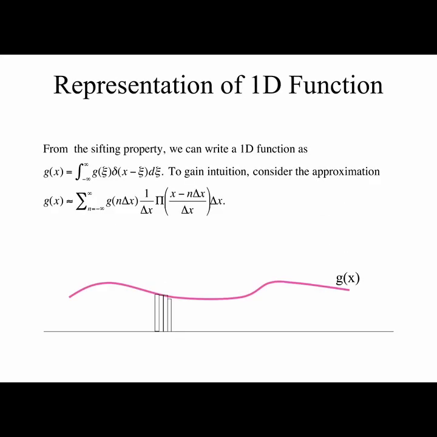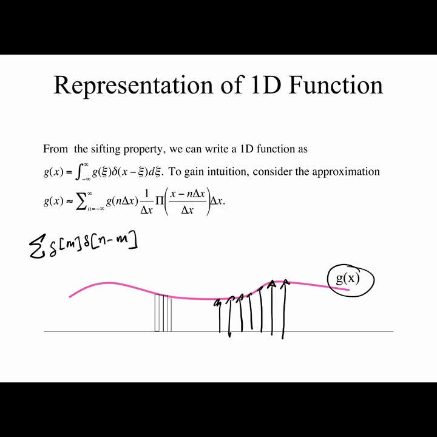The way we represent a 1D function: if I have some smooth function g of x, I can represent it as a summation of lots of delta functions. The same way we had a discrete signal that we could represent as a summation of discrete Kronecker delta functions. Before, we had a summation of g sub m delta of n minus m.